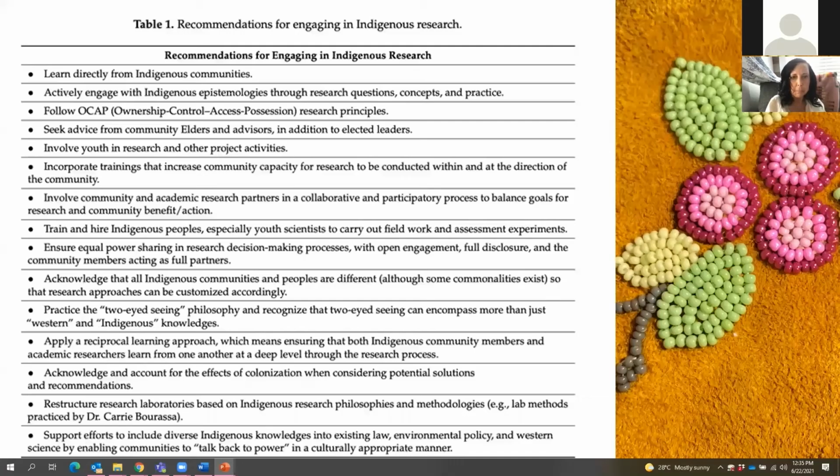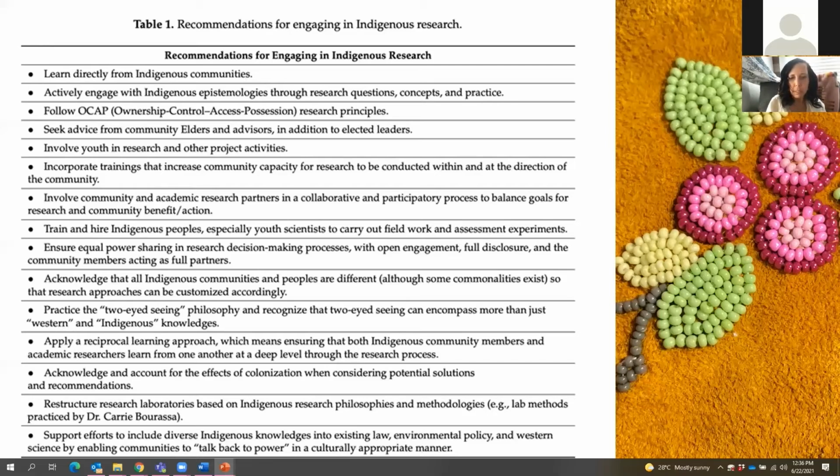If you want to flip the slide. This is a table of recommendations, which I won't be able to go through all of, but again, these are driven by Indigenous peoples, including ensuring that elders and advisors are upheld and our leaders learn directly from Indigenous communities, seek out advice from elders and advisors, train and hire Indigenous peoples, ensure equal power sharing in research decision making, and restructure research laboratories to ensure that Indigenous research philosophies and methodologies are invoked.